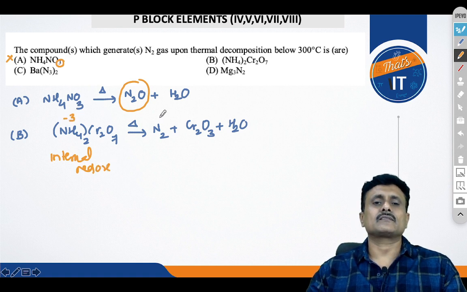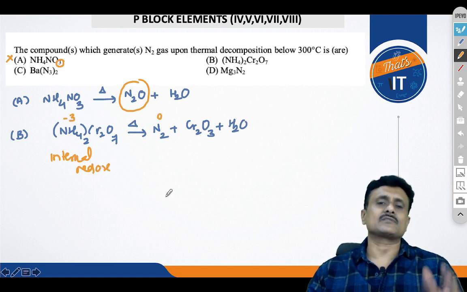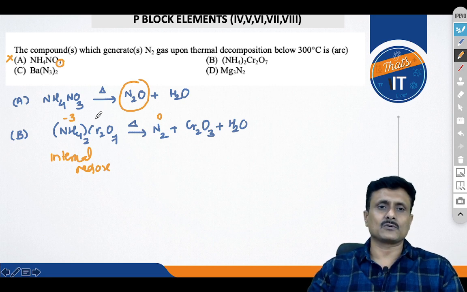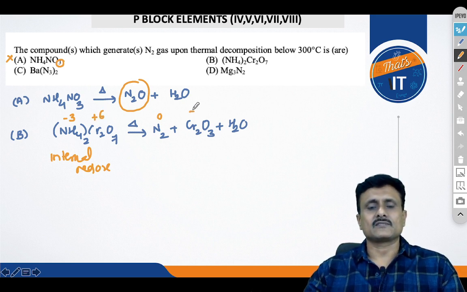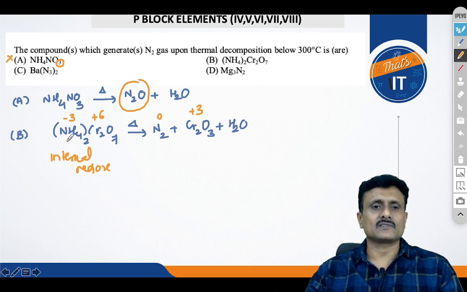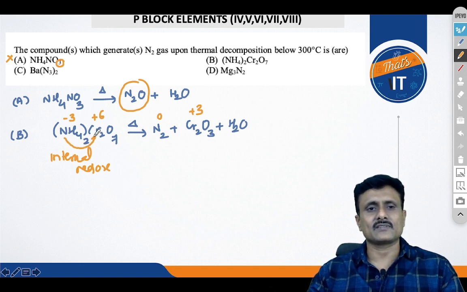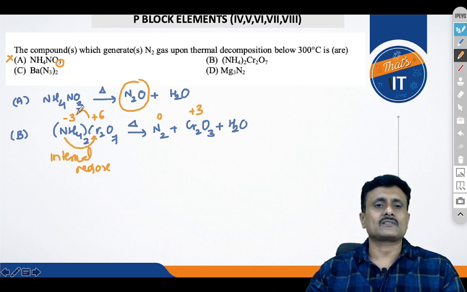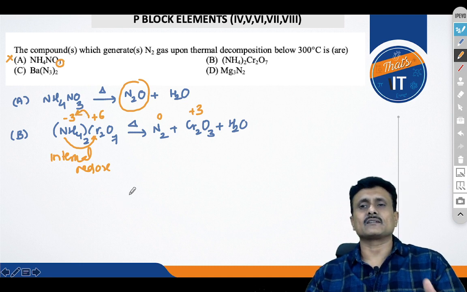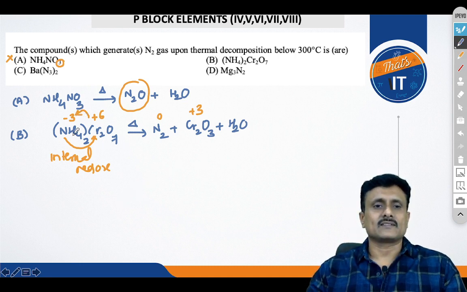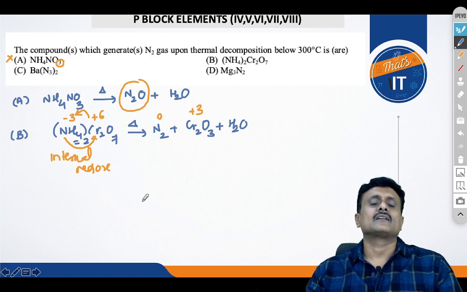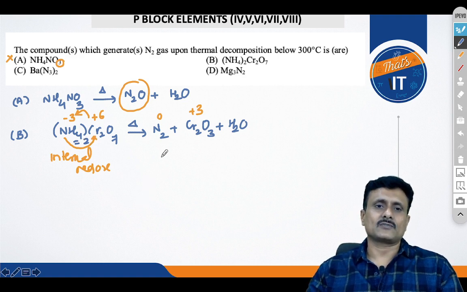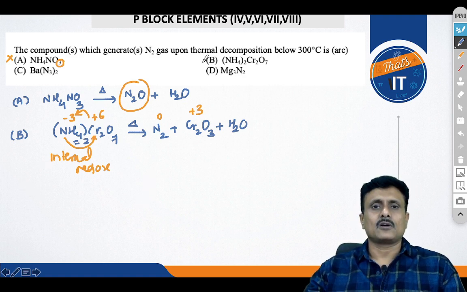Nitrogen is changing from -3 to 0 and chromium is changing from +6 to +3. So this is acting as a reducing agent, giving away its electron, and this is acting as the oxidizing agent internally, because you know the dichromate in acidic medium, since there are ammonium ions, is a strong oxidant. So this is possible, isn't it? So option B is correct.